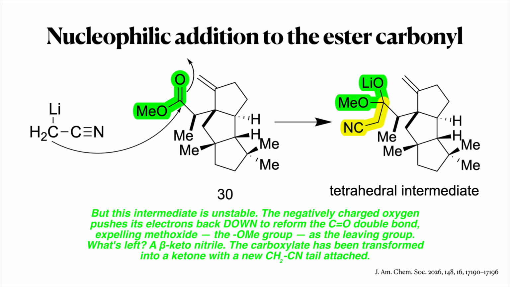But this intermediate is unstable. The negatively charged oxygen pushes its electrons back down to reform the C=O double bond, expelling methoxide, the methoxide group as the leaving group. What's left? A beta-keto nitrile. The ester has been transformed into a ketone with a new CH2CN tail attached.